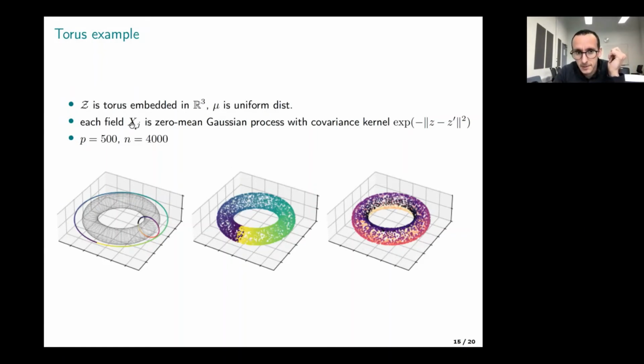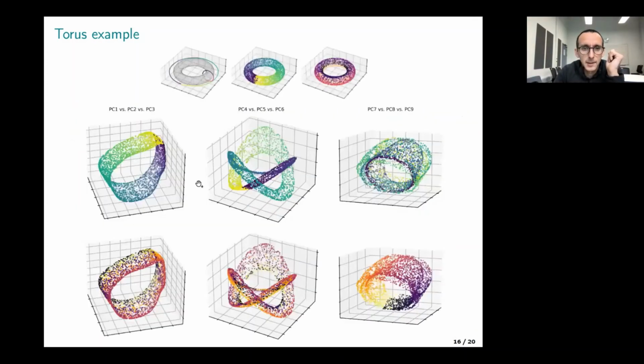As I said, let's take the fields to be Gaussian processes with this particular kernel, and then have a look at the principal component scores. So remember, what the results said was that the principal component scores should be concentrated around a set which is topologically equivalent or homeomorphic to the underlying Z. Of course we can only really look at 3 dimensions of the principal component scores at a time.